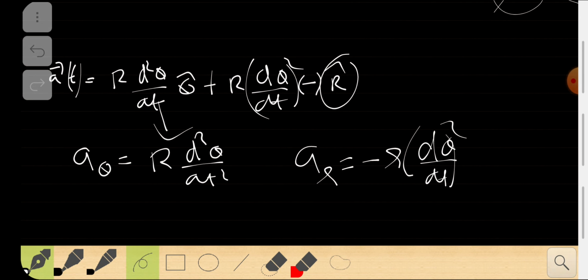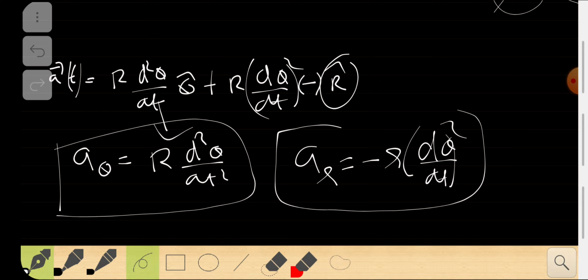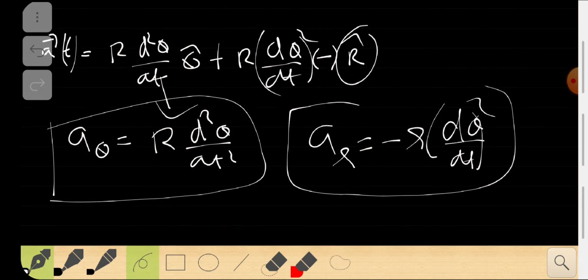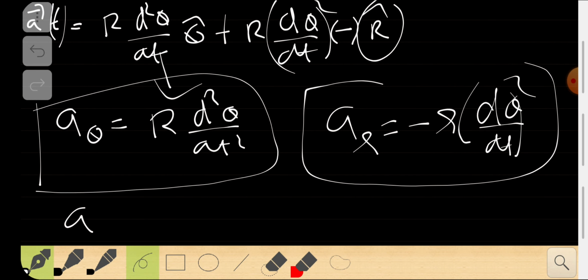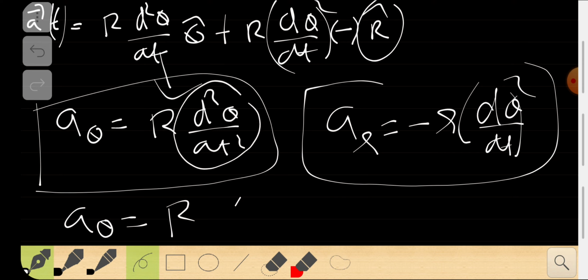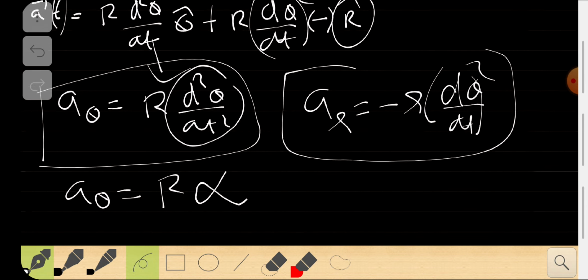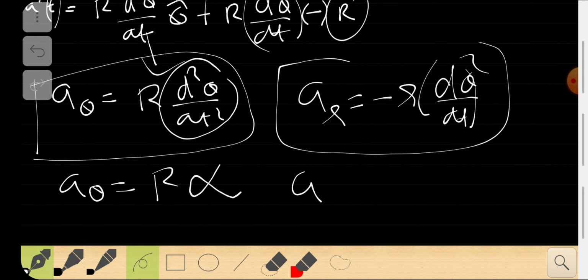So we have found both the components. We can clearly see that the theta component, r times d square theta by dt square, is r alpha, where alpha is the angular acceleration, and a r is equal to minus r omega square, where d theta by dt is called omega.